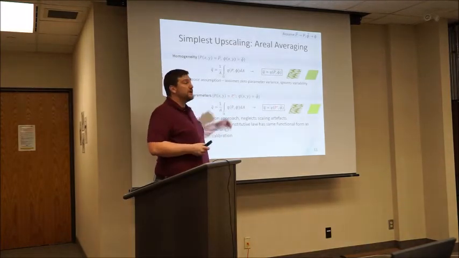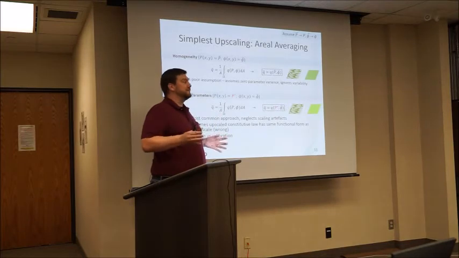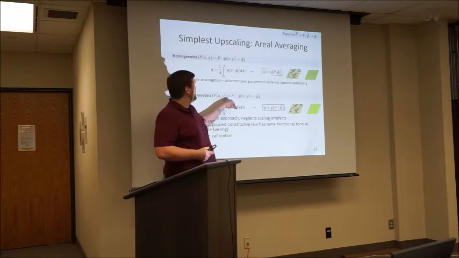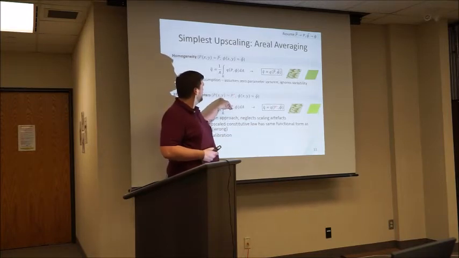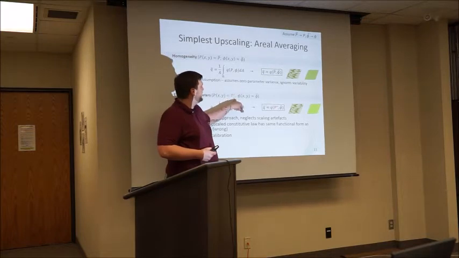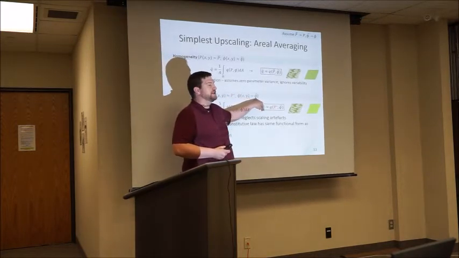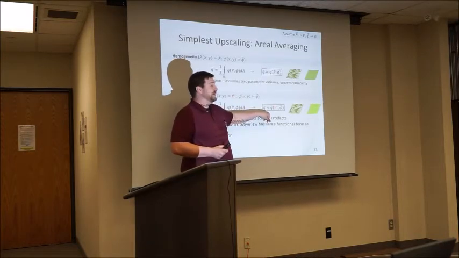And they're saying, we're going to calibrate this model such that the saturated hydraulic conductivity is an effective one for the whole domain. So we're replacing our spatially variable properties with a single property, and we're saying that our spatially variable soil moisture, that variability can be ignored, and we end up with, again, a simple problem.